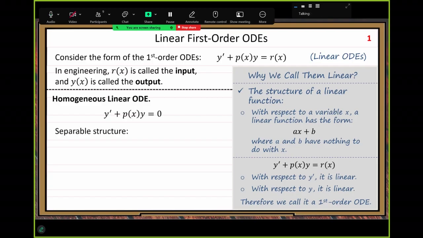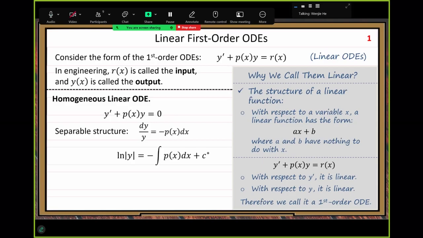The simple way is a separable structure, as a separable ODE format. Then we take the integral. We apply the standard formula, so we can find the solution. But next, we write the y function as simply as possible.